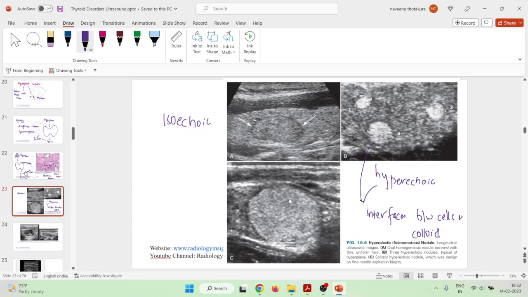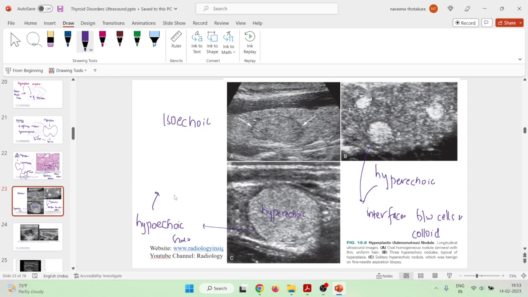Or the nodule can be hyperechoic with a halo. Here you can see the nodule is again hyperechoic, and it is surrounded by a hypoechoic halo. Why is there this hypoechoic halo?